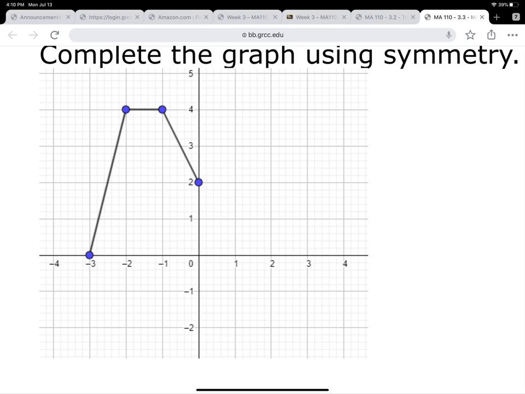Now, if you look at the definition for even, even function means this.